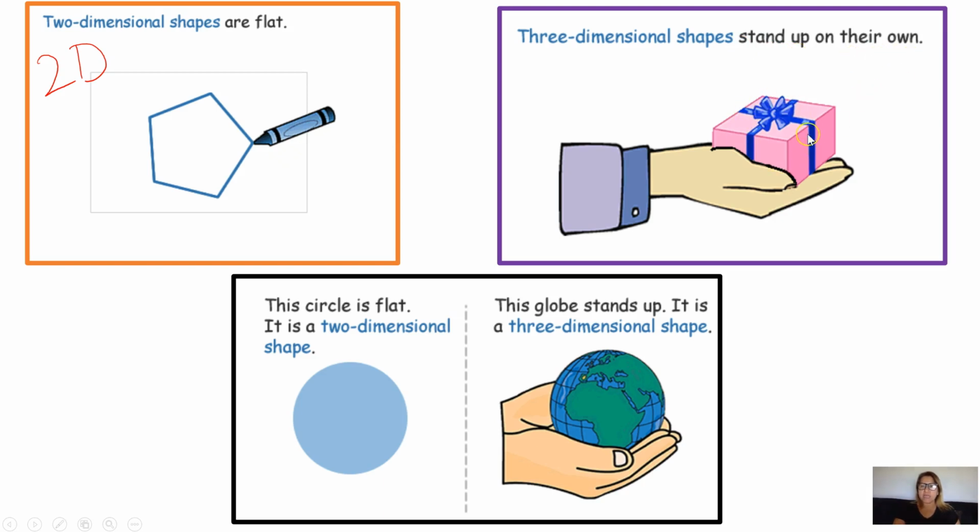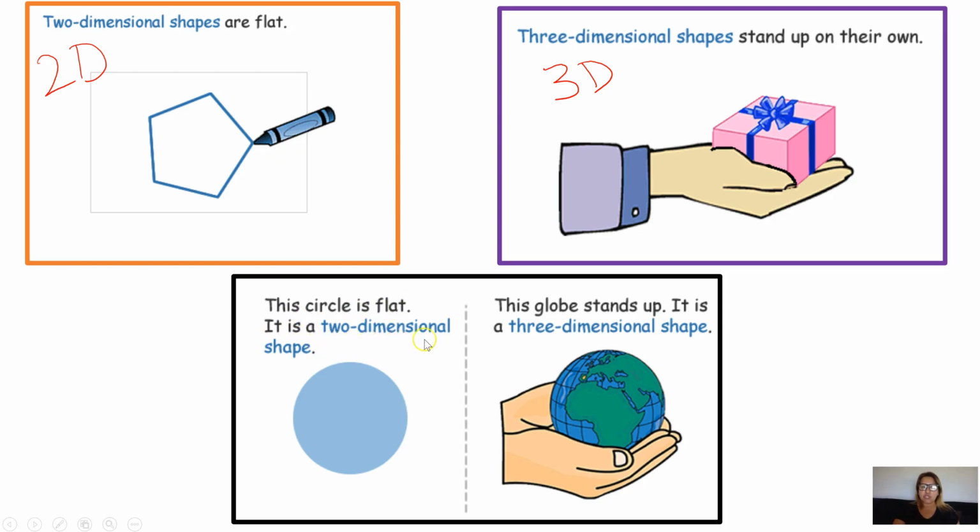So if we can see that someone is holding a gift in their hand, it can stand on its own. It's not flat. And when we hear three-dimensional, we can also connect that to 3D. So it's the same thing. Three-dimensional, 3D. This circle is flat.